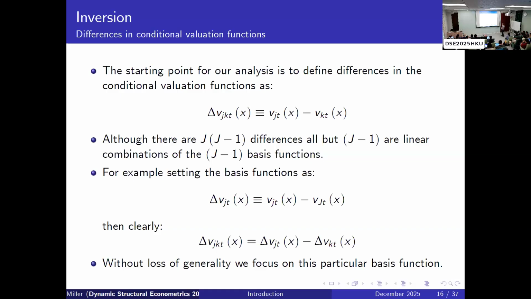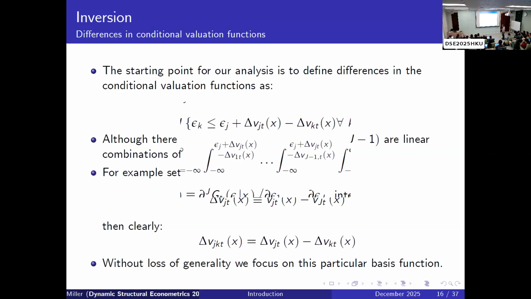In other words, let's just define the differences relative to the capital J choice, okay? We're going to define each choice relative to that one. And so that would mean that any difference between the little j and the little k choice is just the difference between those two. Okay, that's just linear algebra.